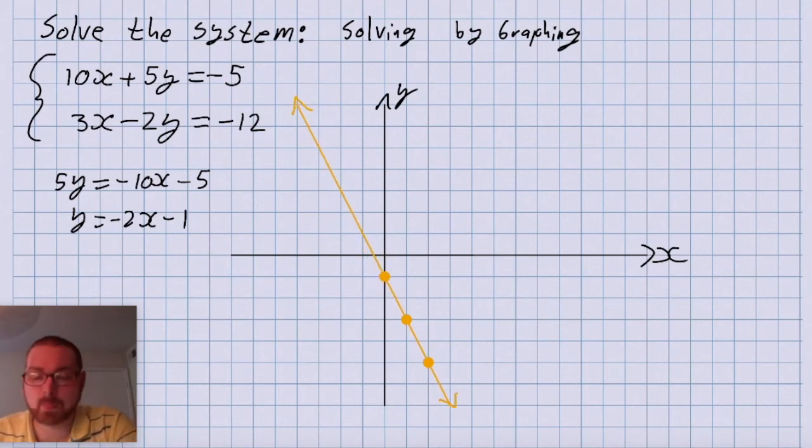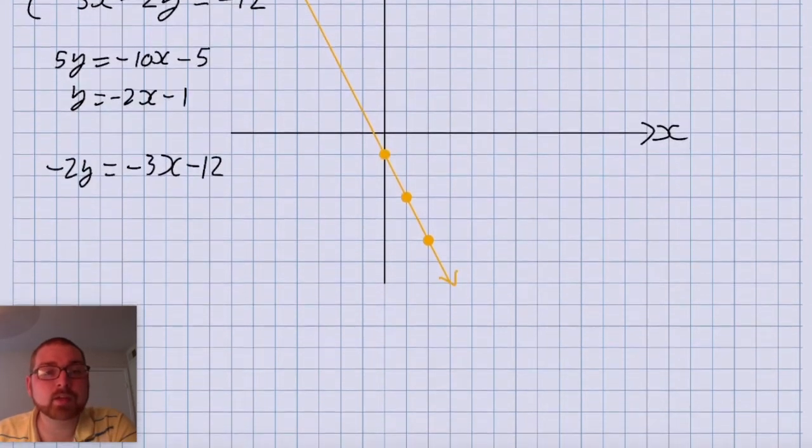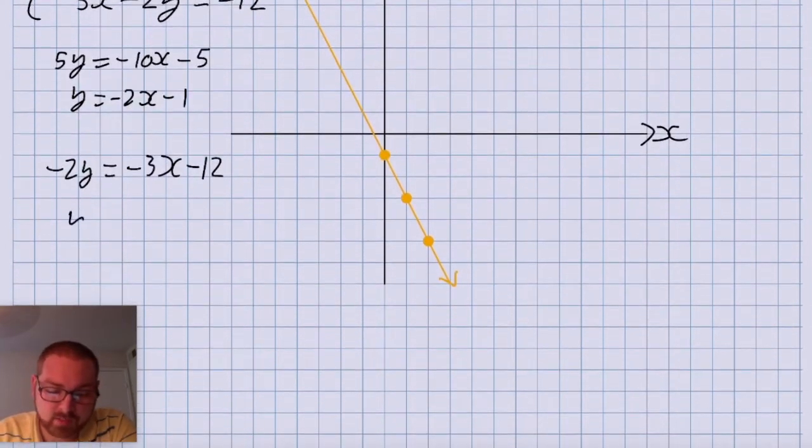Now, let's look at that second one. So it's 3x minus 2y is negative 12, or negative 2y is negative 3x minus 12. And we need to solve it, so we divide everything by negative 2. We get positive 3 halves x plus 6.